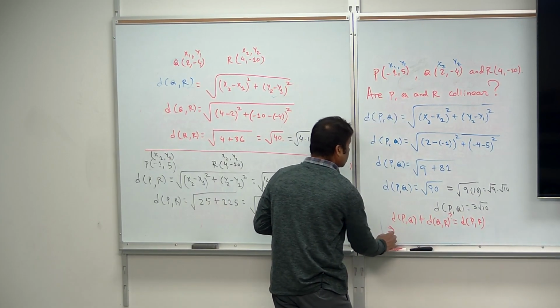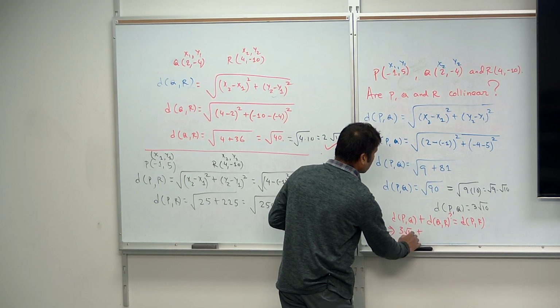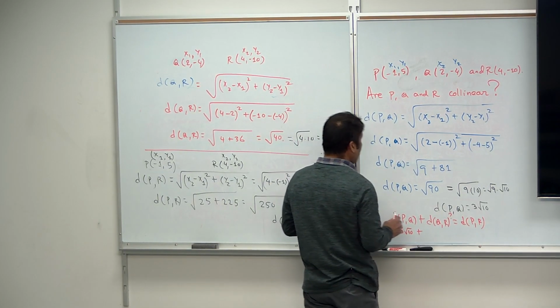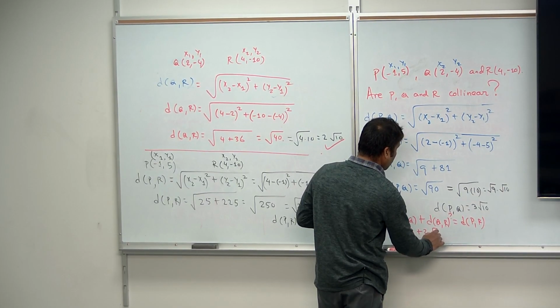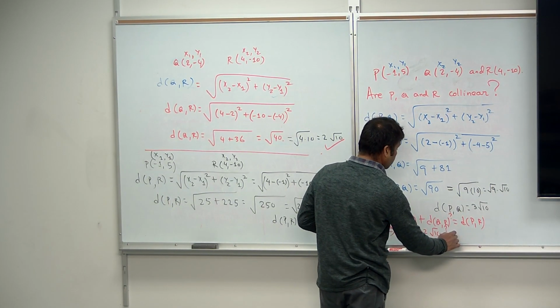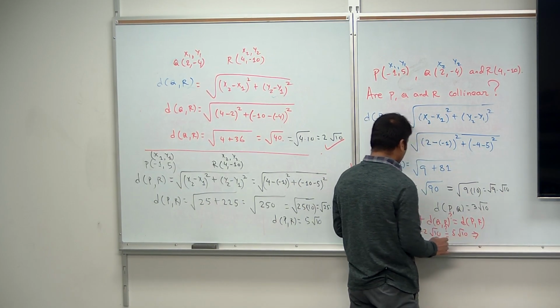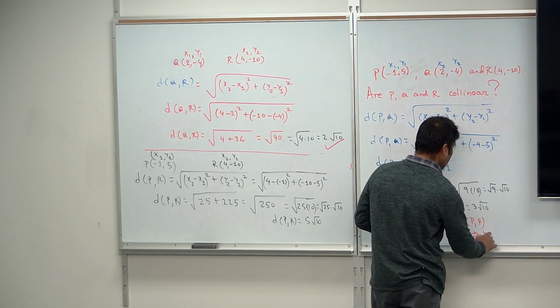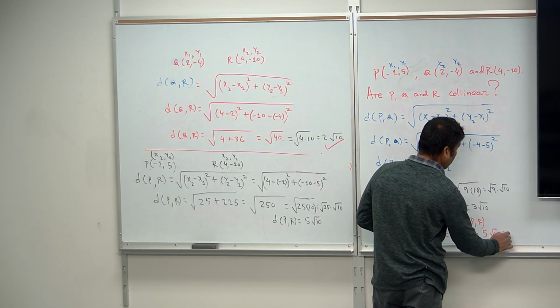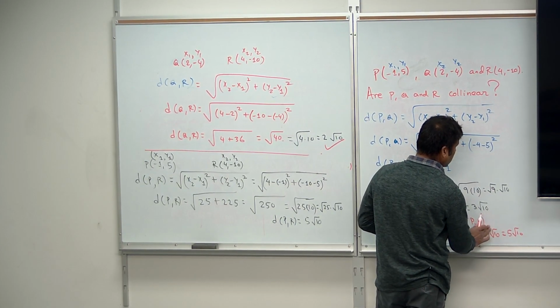Now you see the distance between PQ is 3 radical 10 plus the distance between QR is 2 radical 10. So does it equal 5 radical 10? Yes, it does, right? So 3 radical 10 plus 2 radical 10 is 5 radical 10, equal to what? 5 radical 10. So this is true.